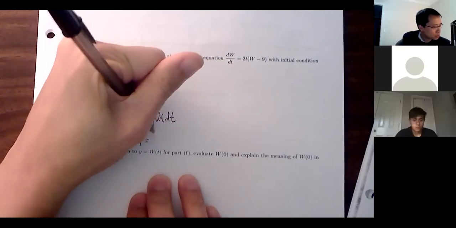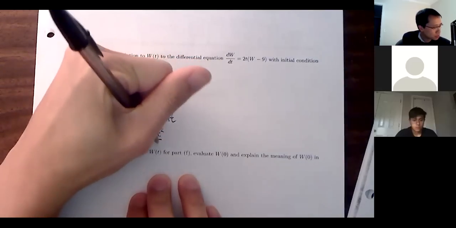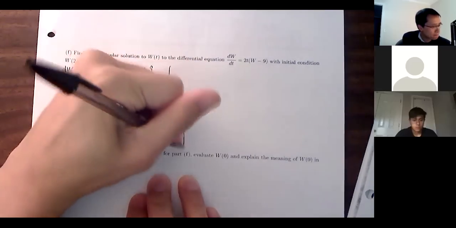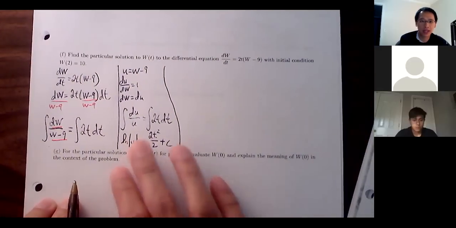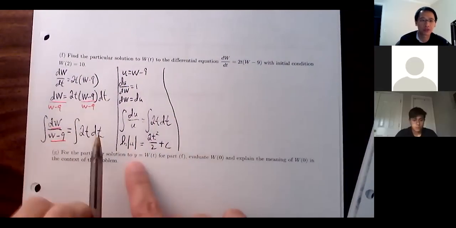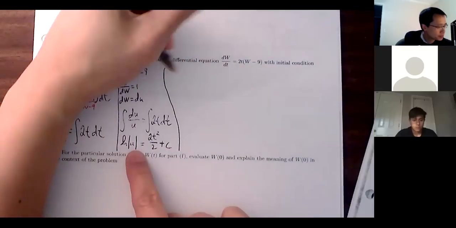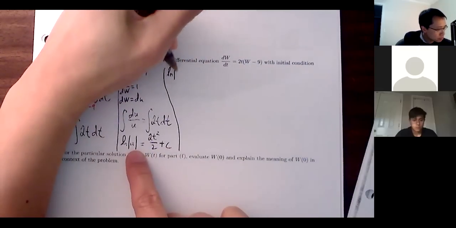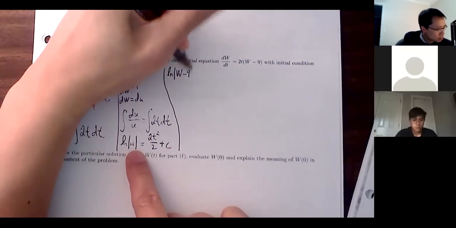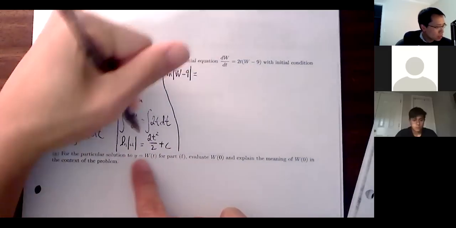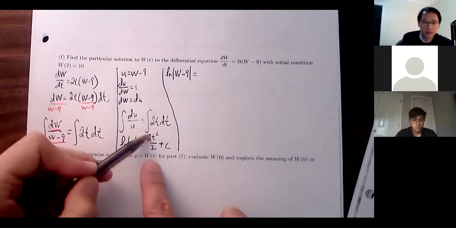2t, we go through power rule. Let's bring the u back in terms of the original variable here, so w minus 9. Reduce a little bit here.